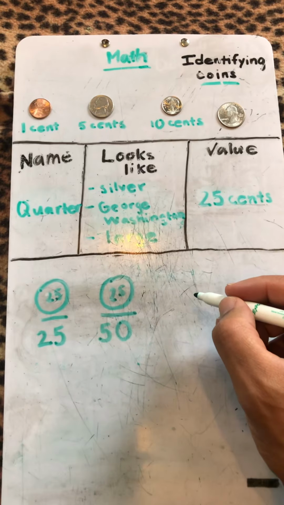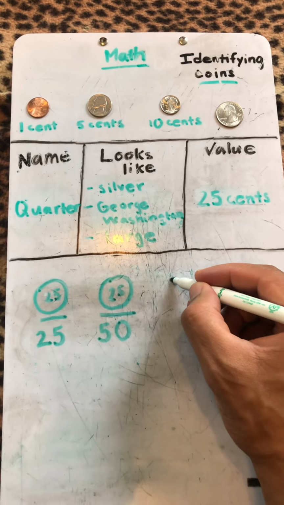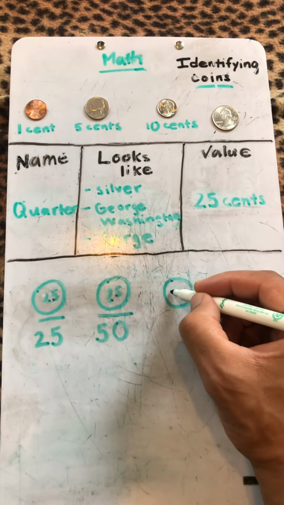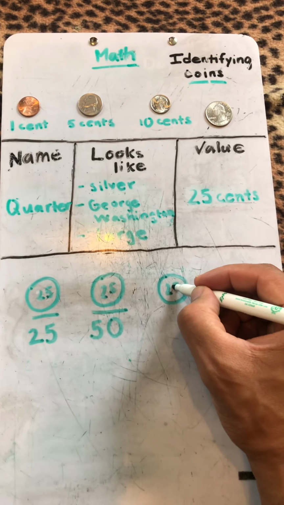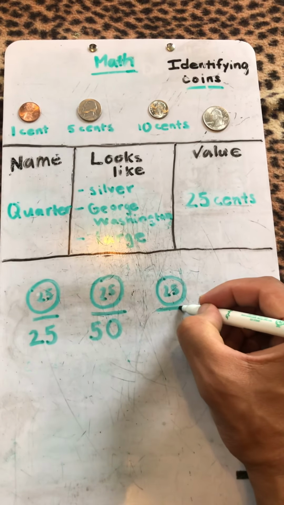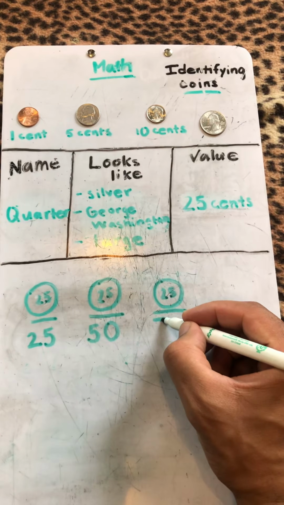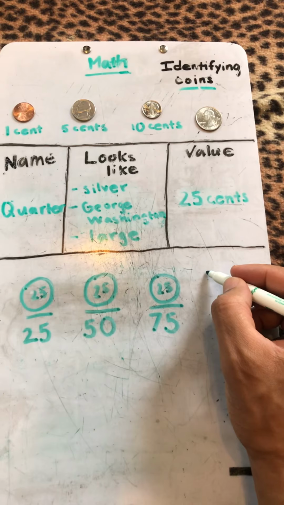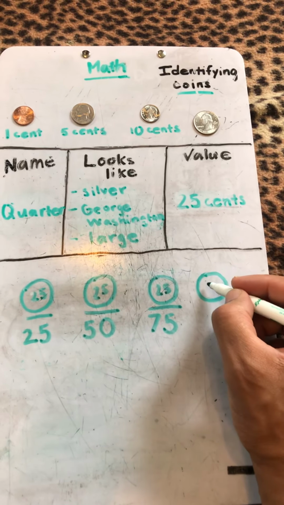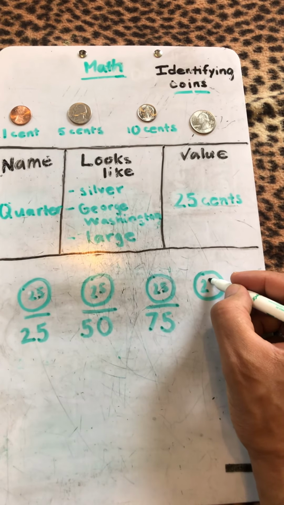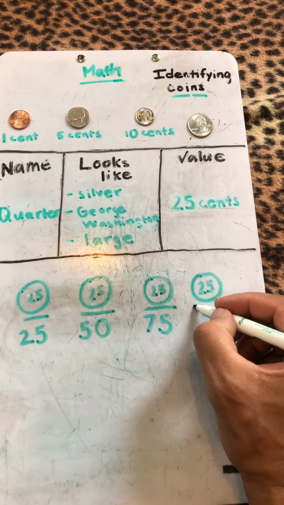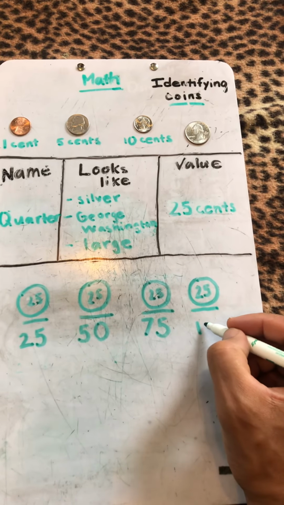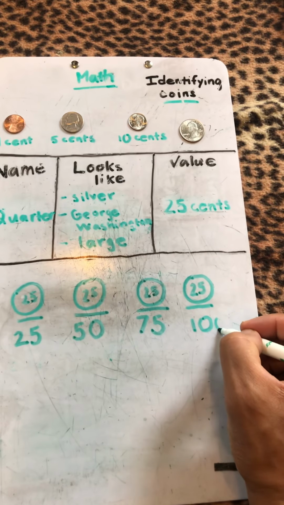Okay? Another quarter, another 25, I would be at 75. And one more quarter, another 25 cents, would take me to 100.